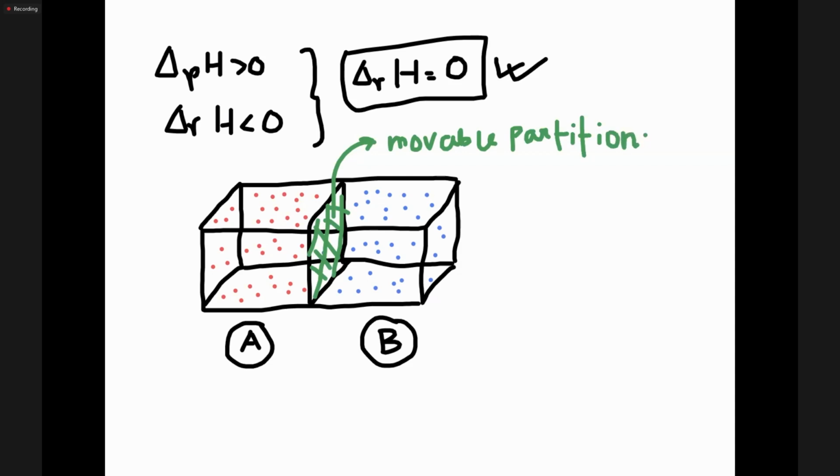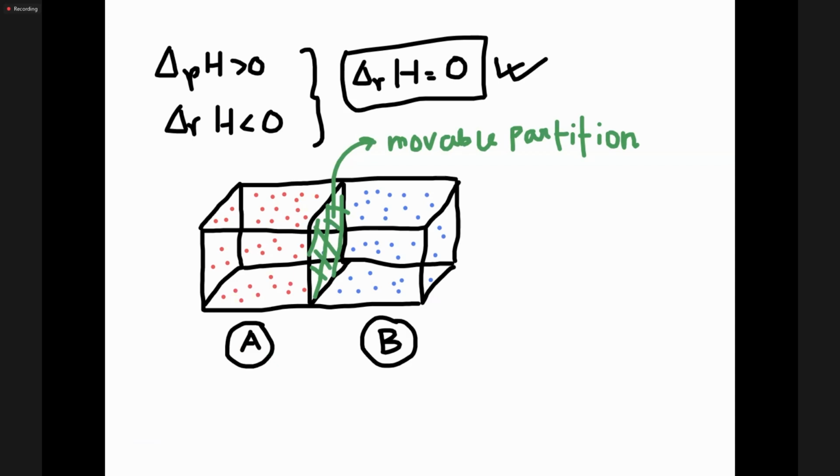When this partition is withdrawn from the system, these two gases, the orange dots of gas A and the blue dots of gas B, will start to mix, or you can say diffuse into one another.